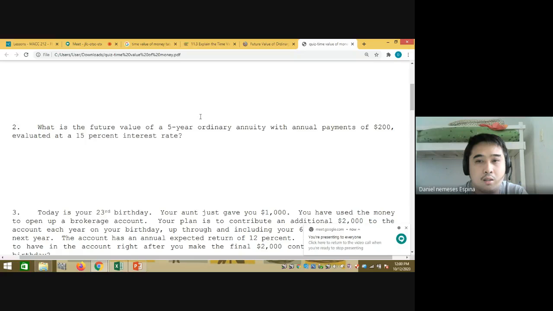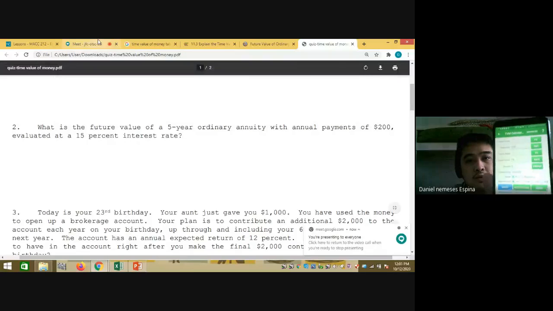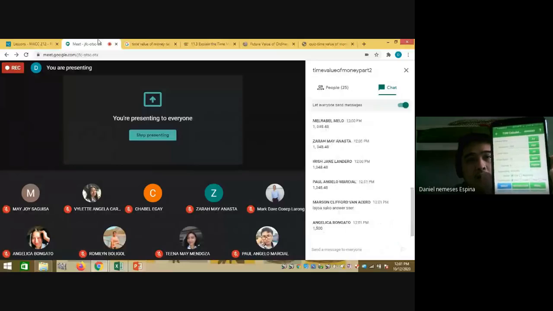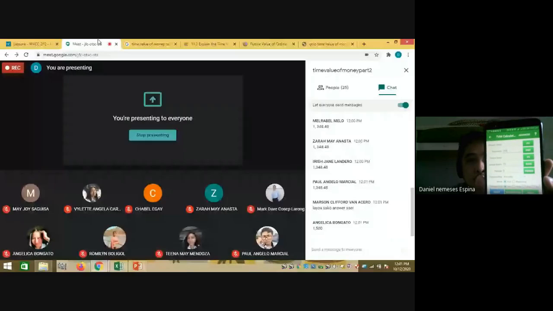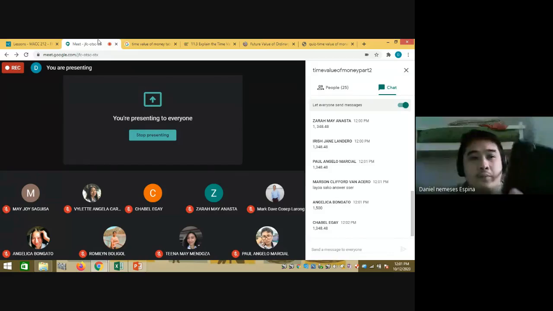Interest annually is 15%, annual payments of negative 200. I already input the data, so I just click the future value on the right side. I put the rate at 15%, periods is 5, and payments of negative 200.